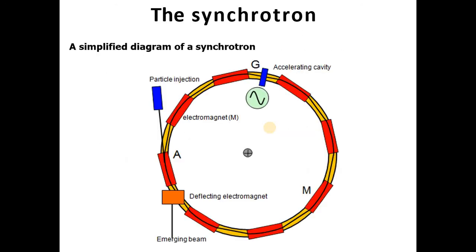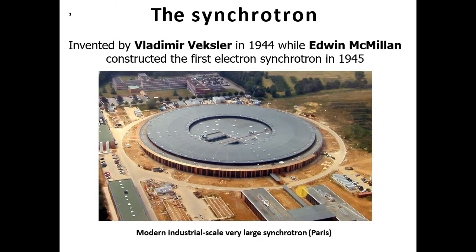A simplified diagram of a synchrotron is shown on the screen. We have a particle injection point, the emerging beam, electromagnets, an accelerating cavity, and deflecting electromagnets. A modern industrial scale, very large synchrotron image is shown on the screen. It's in Paris.